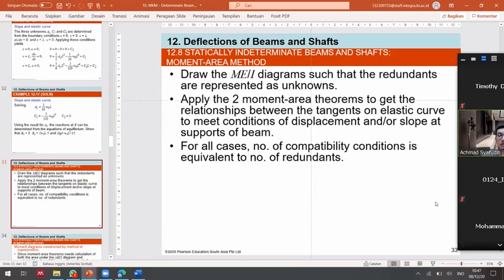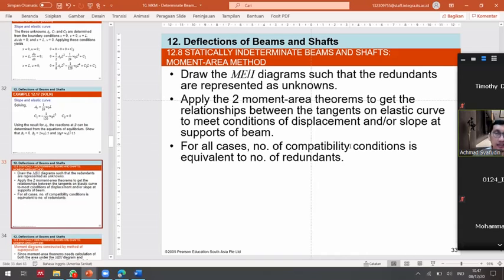I have delivered two methods, the double integration method and the second way, the moment area method. So please attempt to try one more formulation to solve the indeterminate problem.